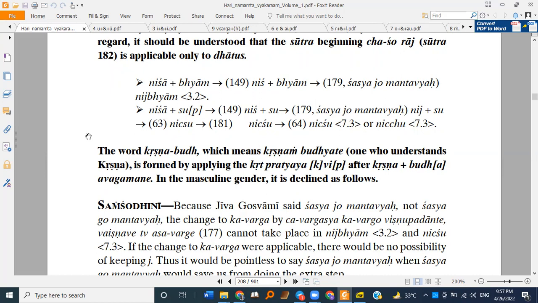So Krishna Buddh, Krishna Buddhyate iti, Krishna Buddh, or let's say Krishna Bodhayati iti, Krishna Buddh. Why not? One who makes Krishna understand, or one who basically teaches Krishna. So, Niyanta. So Krishna Buddha, Krishna Buddha.